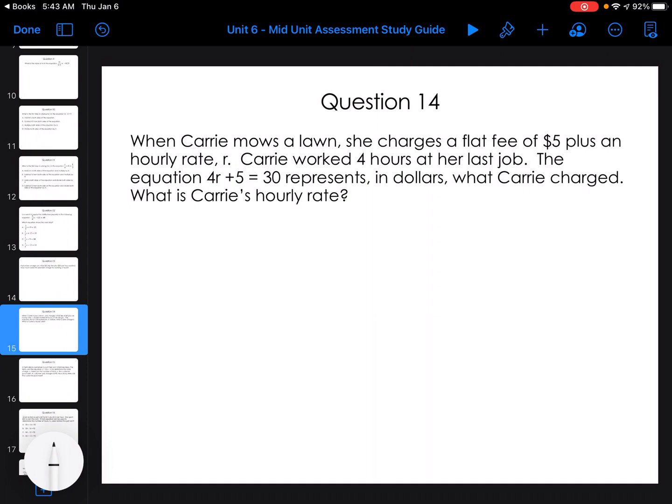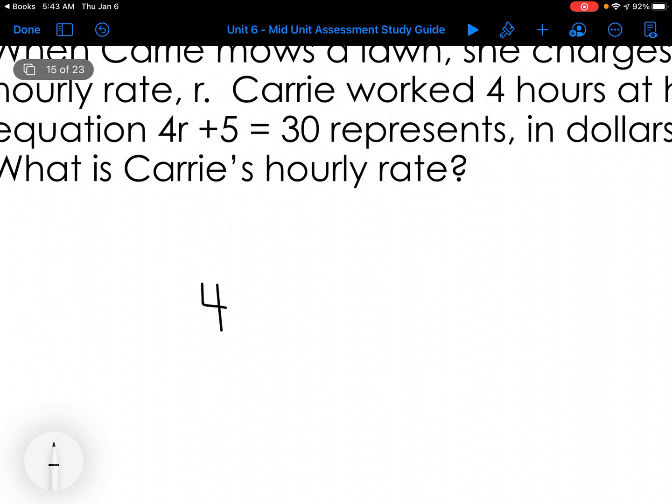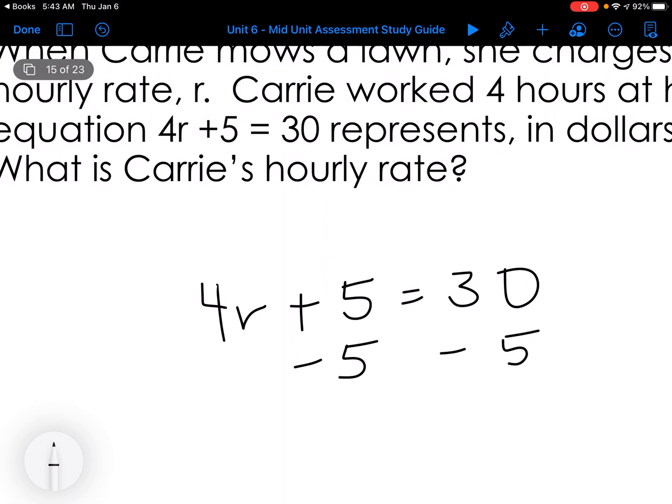When Carrie mows a lawn, she charges $5 plus her hourly rate. Carrie worked 4 hours on her last job. The equation 4r plus 5 equals 30 represents what Carrie charged. What was her hourly rate? So I'm subtracting 5.